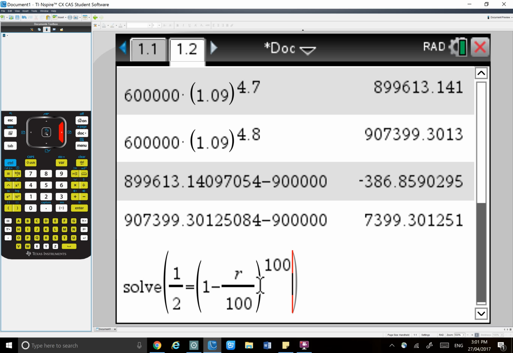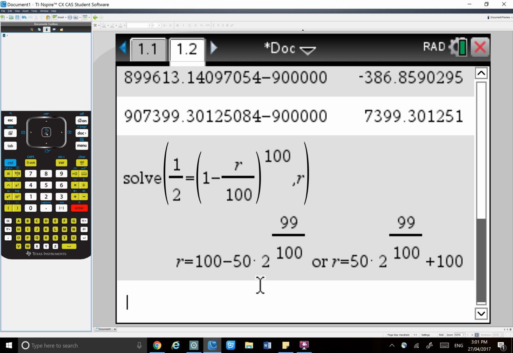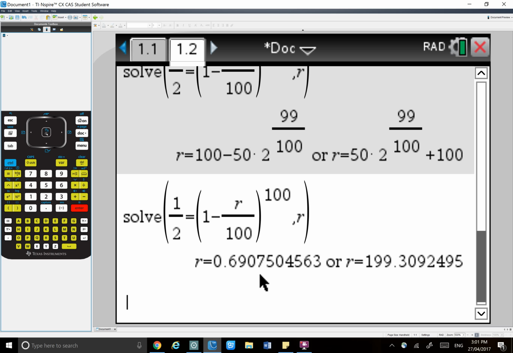I want to solve for this equation, a half equals (1 minus r percent) to the power of 100. I want to solve, comma, r. Press enter. After you press enter, you have a solution like that. But don't worry, just press Control and enter again to find the decimal places. That's the exact value. You press Control and enter, you have decimal places.